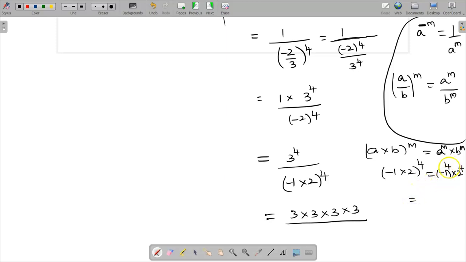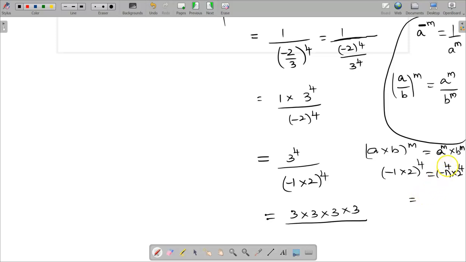Generally, minus 1 the whole power 4, whenever we have an even power, this will become positive. For example, minus 1 the whole power 2. What will you do? Minus 1 into minus 1, it will be positive. Similarly, minus 1 the whole power 4 means minus 1 into minus 1 into minus 1 into minus 1. 4 times minus 1 will be multiplied.